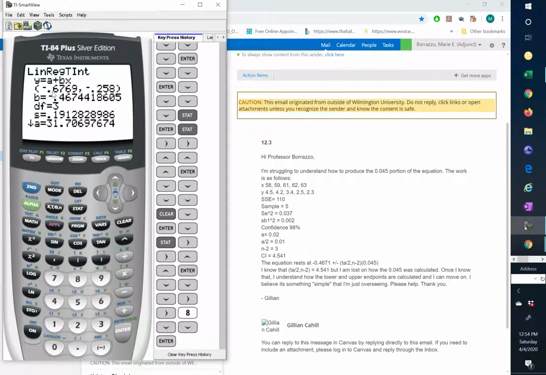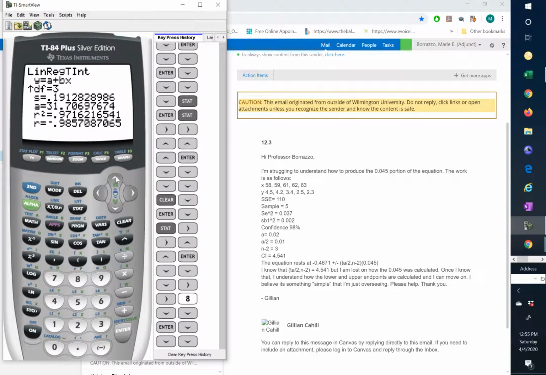That means this confidence interval is going to sit between negative 0.6769 and negative 0.258. Notice that the b value is still the slope, and it's still negative. There's your a value, the 31. There's your same value for the standard error.